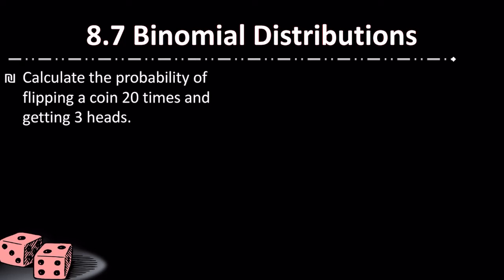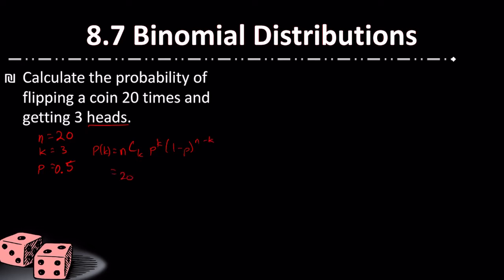Let's see. Our n is 20. So this would be the same coin 20 times, or 20 different coins, it doesn't really matter. K is 3. Our probability of getting a head when you flip a coin is 0.5. So the probability of k successes is nCk, p to the k, (1 minus p) to the n minus k.